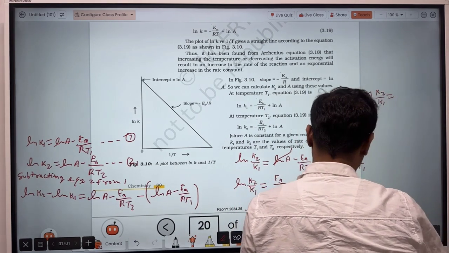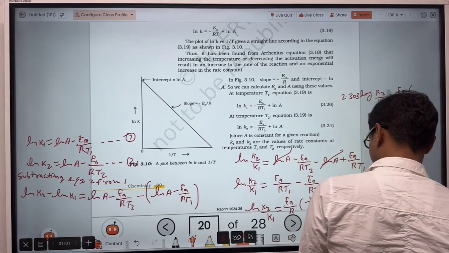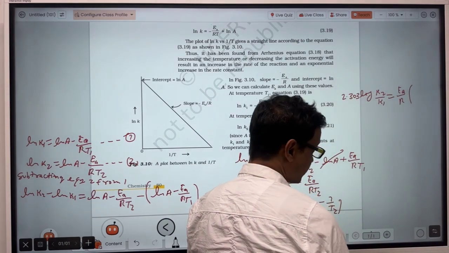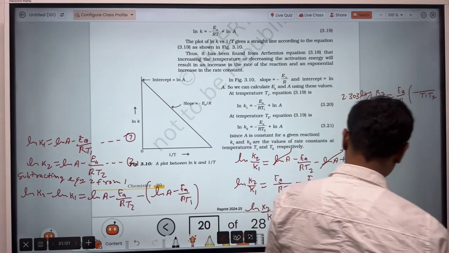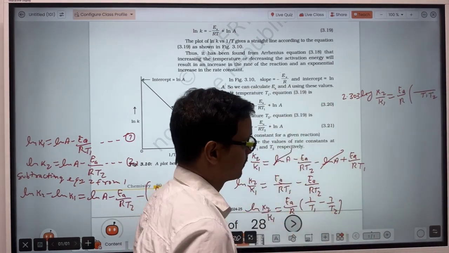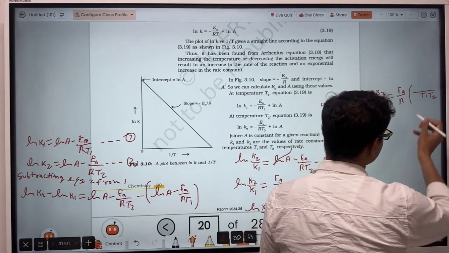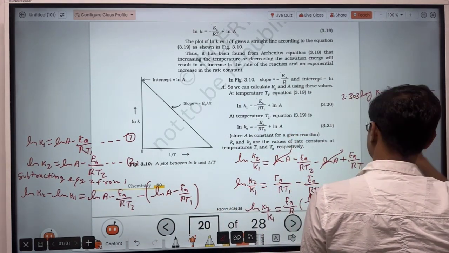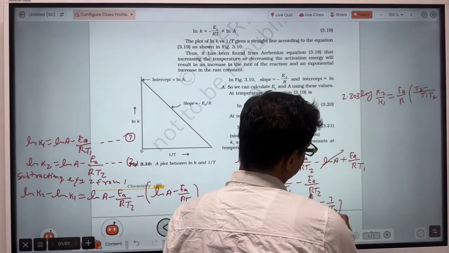That will be equal to EA upon R, and here, very simple, the LCM of T1 and T2 will be T1 T2. When you divide T1 T2 by T1, that will be T2, so T2 into 1. In the same way, T1 T2 divided by T2 will be T1.